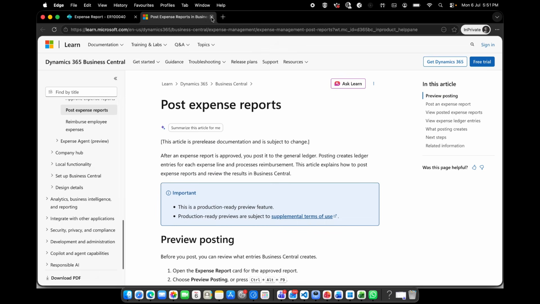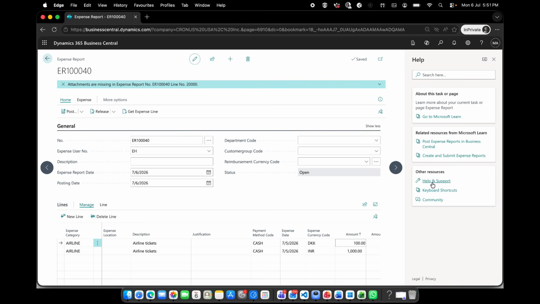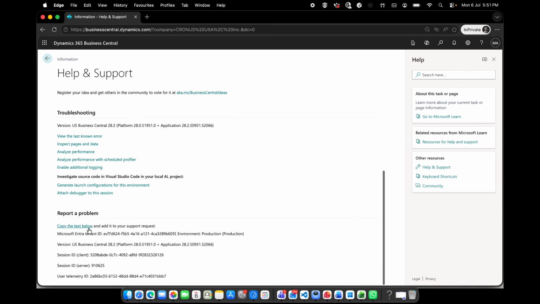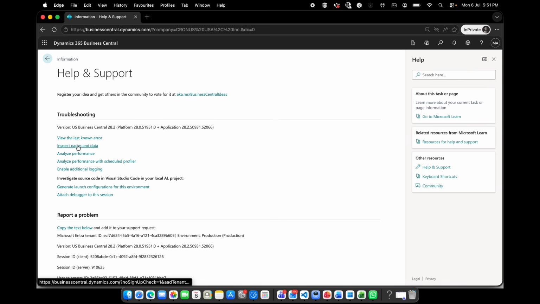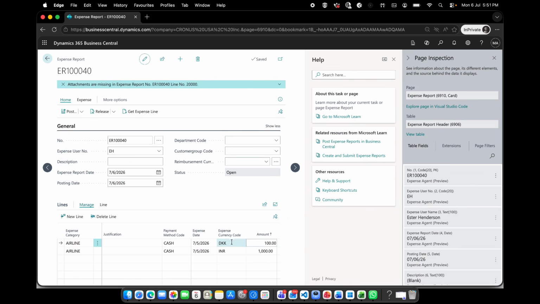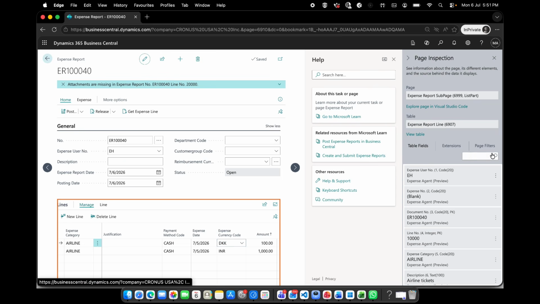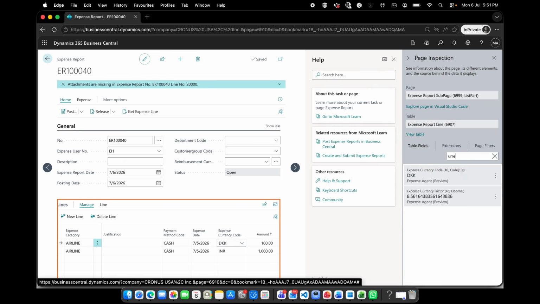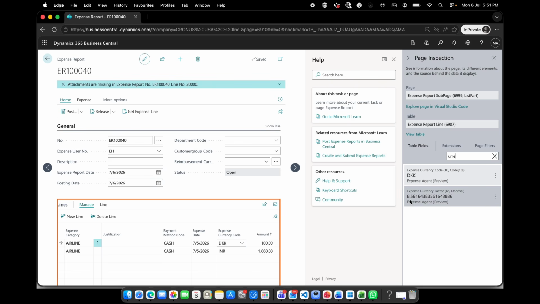Oops, sorry. So go help and support. Inspect pages and data, and currency factor. So it shows 8.56, which makes sense. And this one shows 69.43. That makes sense as well.